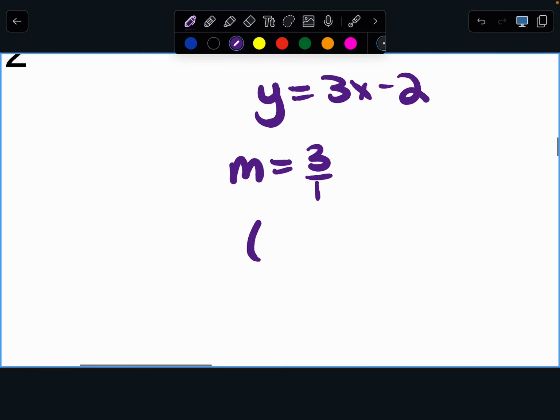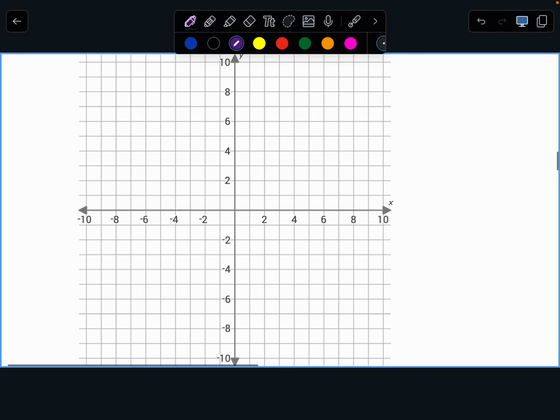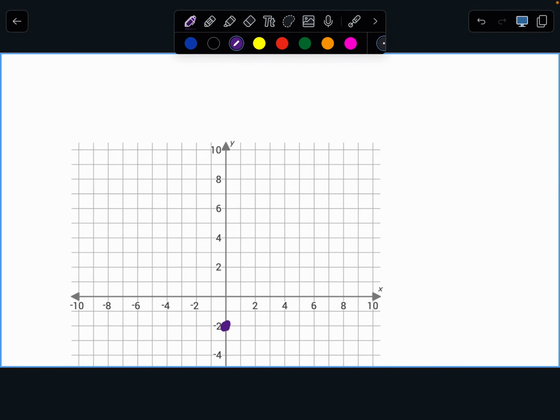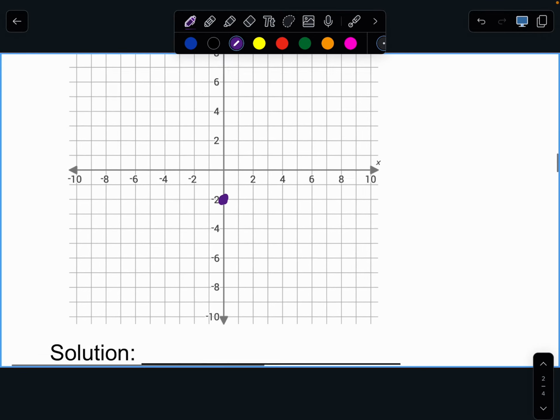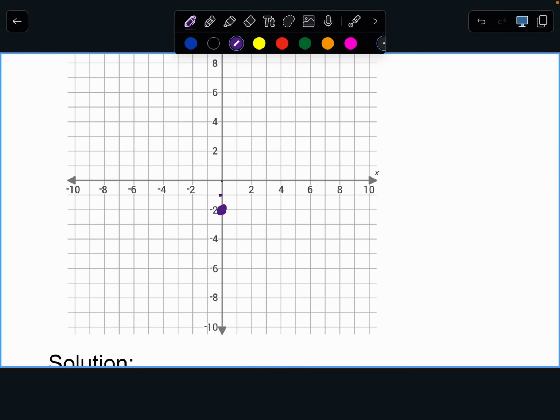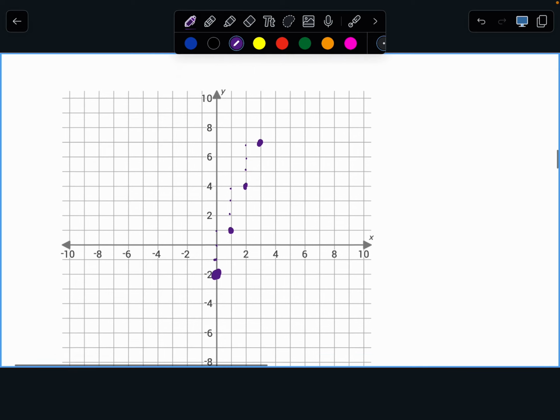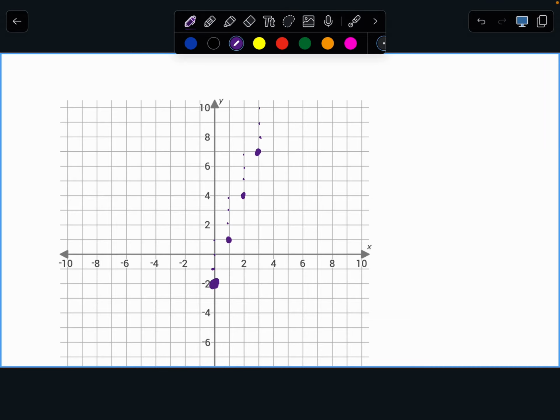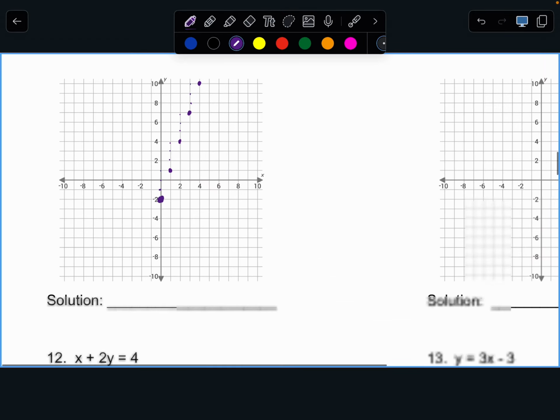My y-intercept is negative 2. So I'm going to come down here to negative 2, and I'm going to put that. And then it's 3. So I go up 3, over 1, and repeat that, up 3, over 1. And draw a line.